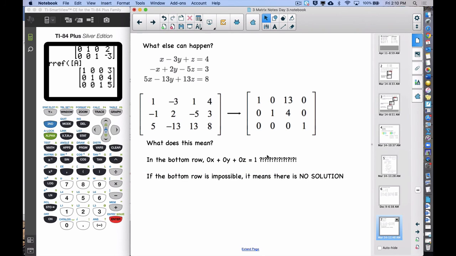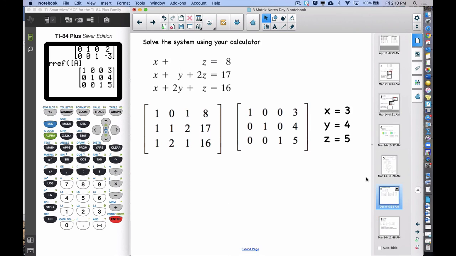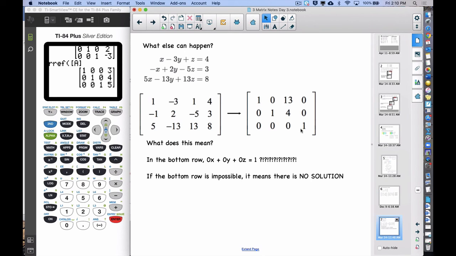Well, that's not possible. So if the bottom row is impossible, and a lot of times it'll be a 1, but it could be some other number over here, that means that this system of equations has no solution, and that would be your final answer. In this last problem, our solution is x equals 3, y equals 4, z equals 5. Here, you would just show this, and then you would say no solution.